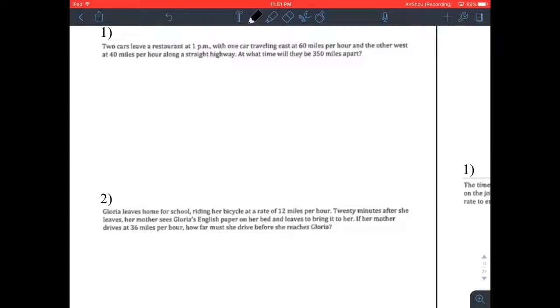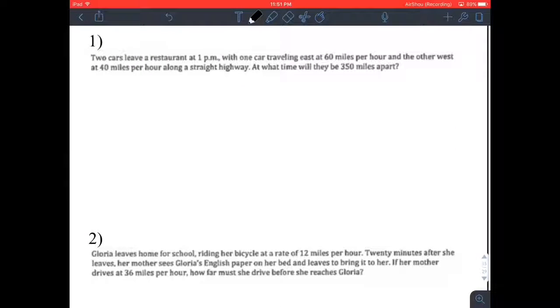All right, two cars leave a restaurant at 1 p.m. One is traveling east at 60 miles per hour. The other is traveling west at 40 miles per hour. At what time will they be 350 miles apart? So the situation is they're starting at the same spot. One goes east, one goes west.